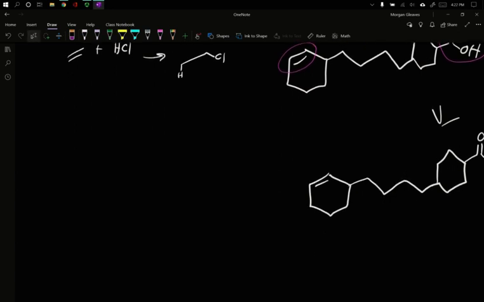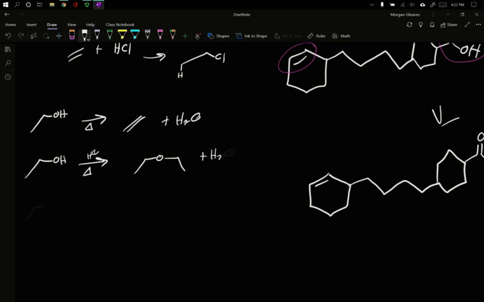You've got your alkenes. For our alcohols, there were a few options. We could dehydrate with some heat and form a double bond. For our alcohols, we could add some heat, a little bit more catalytic acid, and form our ethers.